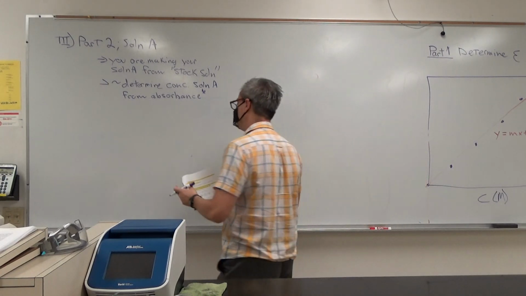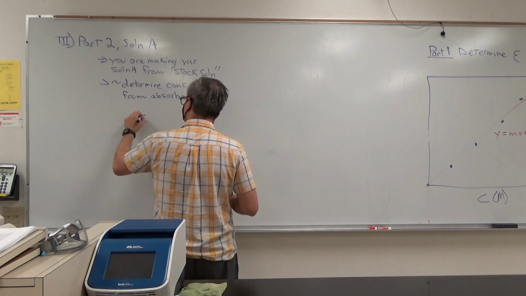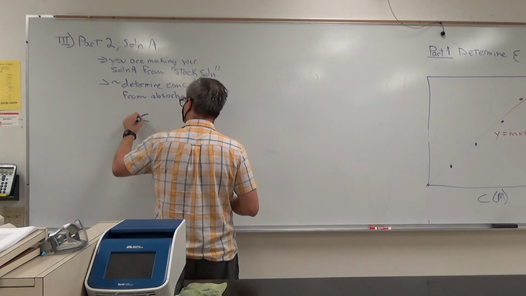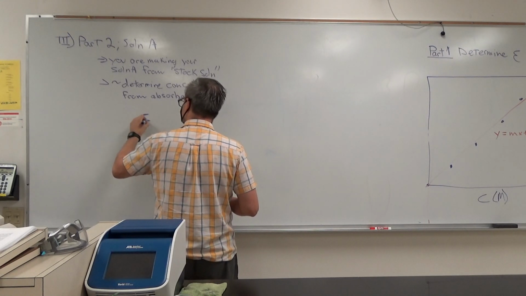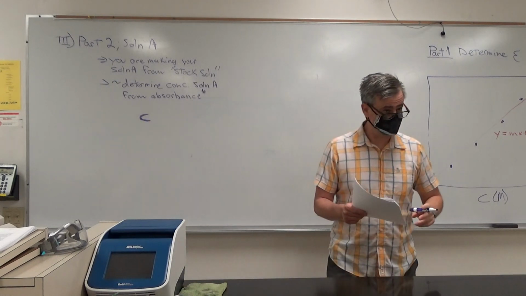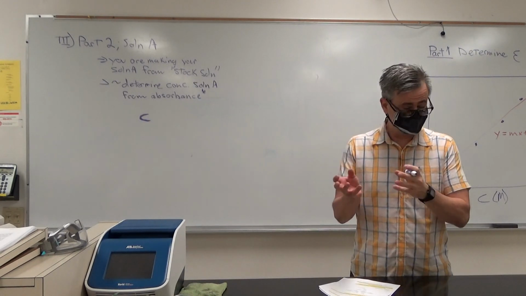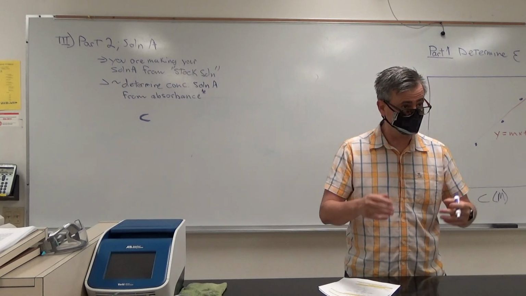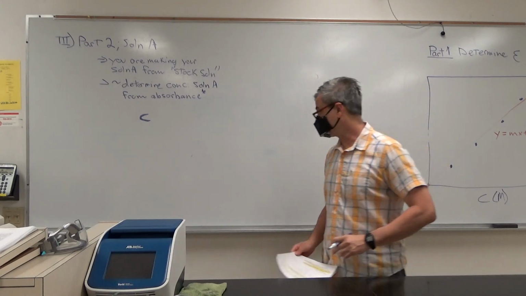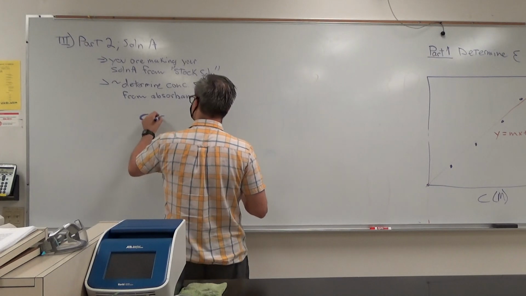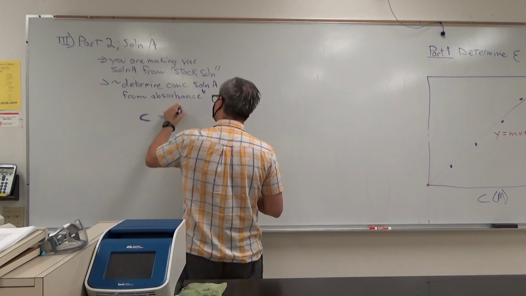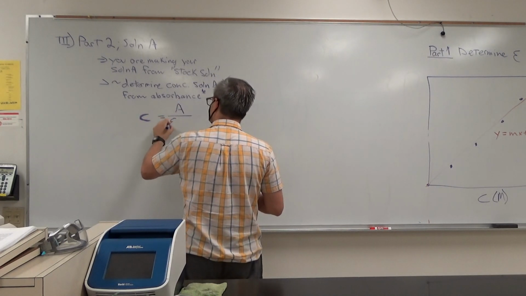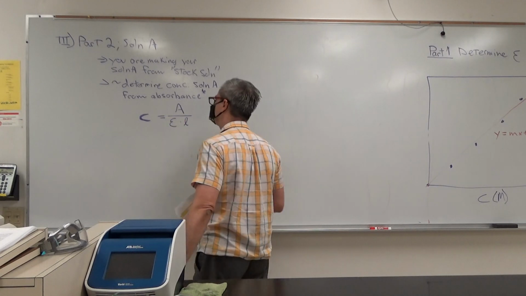And what's the math? How can we do this? Well, especially when I'm teaching Gen Chem, I always suggest to students, rearrange equations before you plug stuff in for what you want. So we want concentration, so if you rearrange this guy for concentration, it would be absorbance over epsilon times length.